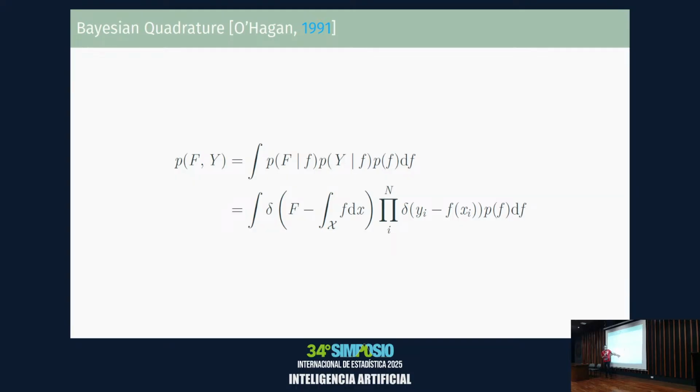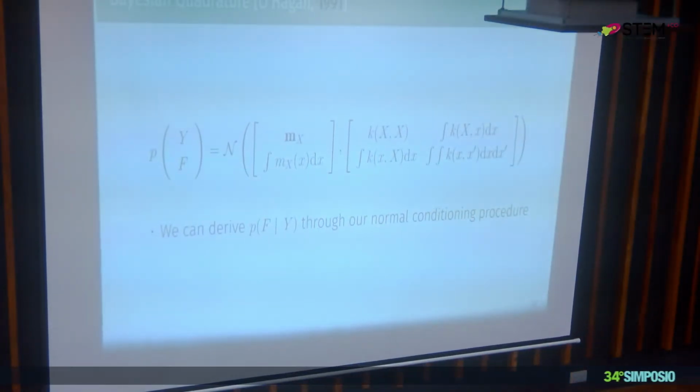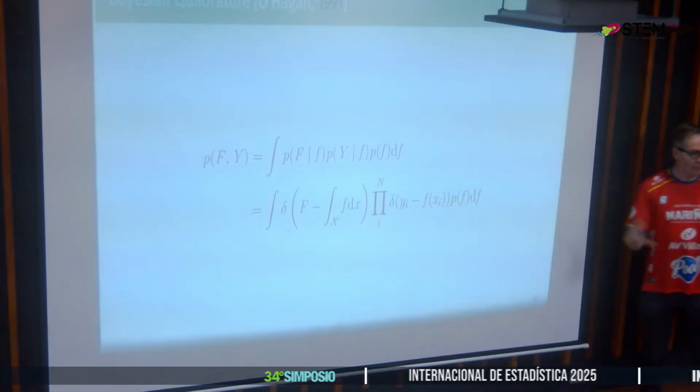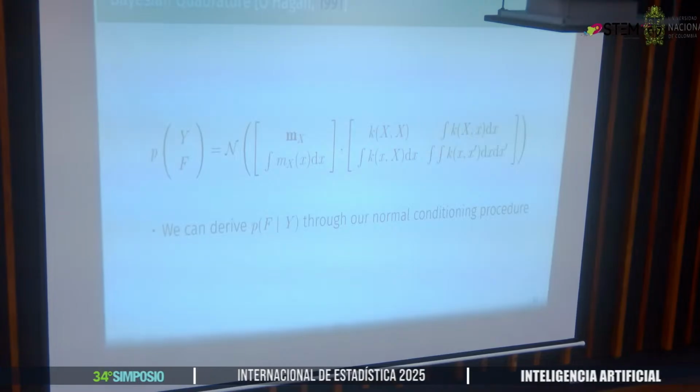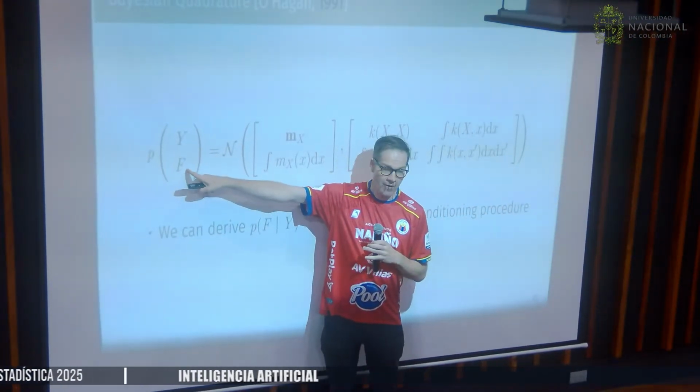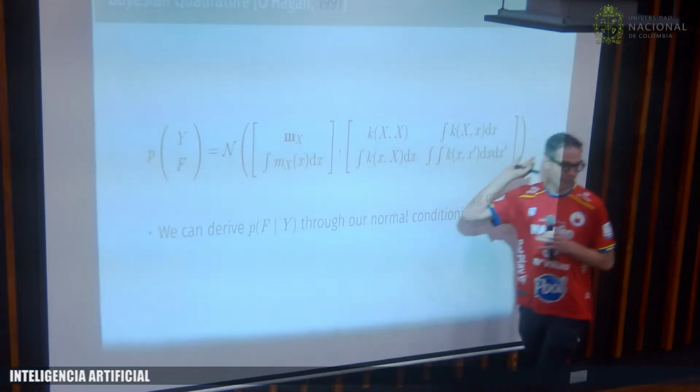Then I'm going to say, if I know the function, I can compute the integral. It's just a linear operation if this is a Gaussian process. So I know exactly what the integral is. Now, if I combine these two, the Gaussian process and this linear operation, Gaussians are closed under linear operations, which means the joint distribution of y and the integral is just a Gaussian.